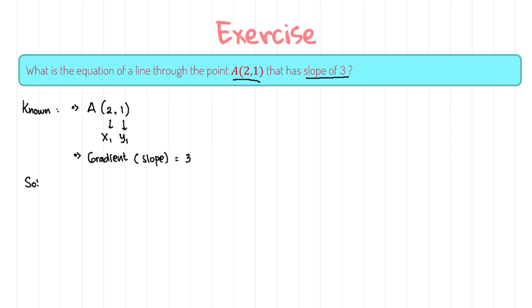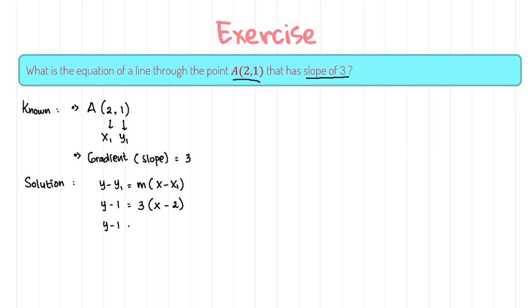Now, because we already know all of the known, now we can find the solution of this question. Well, you already know y - y1 = m times (x - x1). So this is the formula of the line through the point and the gradient. Now you just need to do a substitution. y - 1 = 3 times (x - 2).